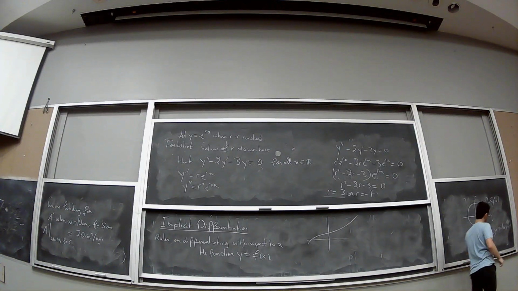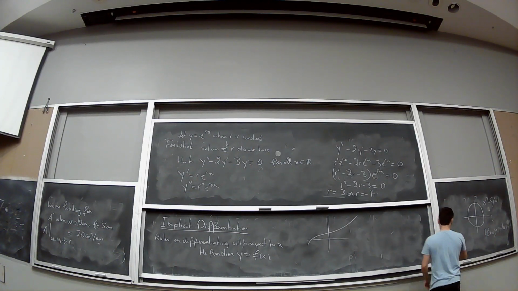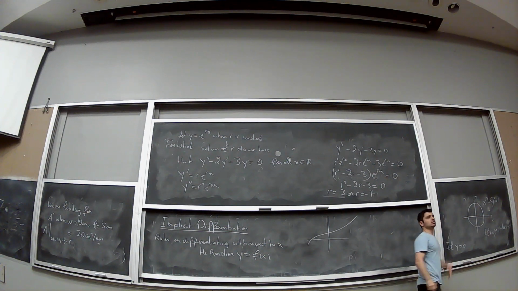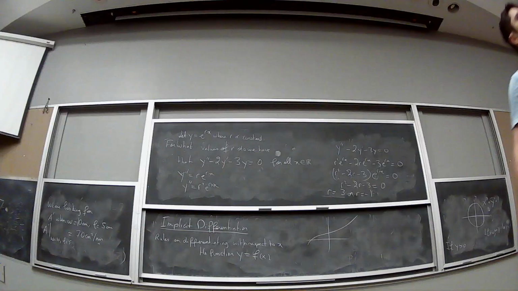Now, if I tell you that x is equal to 0 and y is positive, can you tell me whether this is a function or not? So let's say I restrict myself to positive values of y. If y is positive, can I solve for y in terms of x?